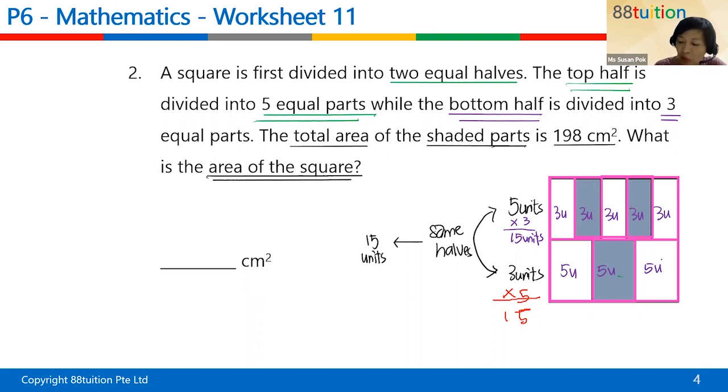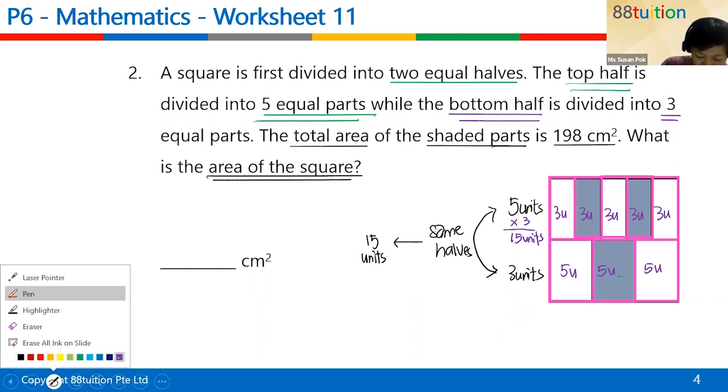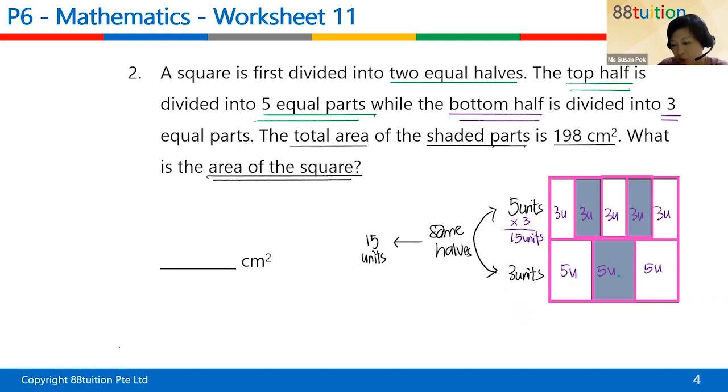Now, for here, what is my shaded part? Serena, can you help me count the number of units in the shaded part here? Okay, Jaden, let Serena do it. What is the total shaded part here? How many units is that?